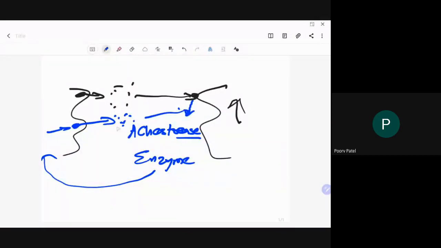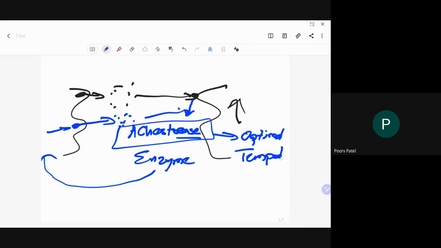Now, as you might have studied in biochemistry, acetylcholinesterase, like any enzyme, works at something we call the optimal temperature. If there is no optimal temperature, then the enzyme will not work. So by applying ice, we are changing the optimal temperature, which means enzyme action will stop.